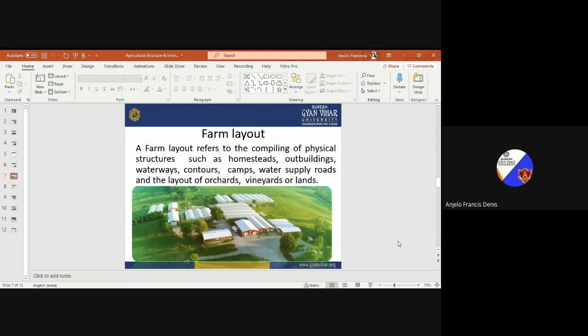Within that farm layout, we draw on the map what facilities and constructions have to be done within the farm area, and we allocate the land: our farmstead and residential building will be here, cattle shed here, goatery unit here, water pond or fish pond here, or harvesting pond here. So all these things come under farm layout.